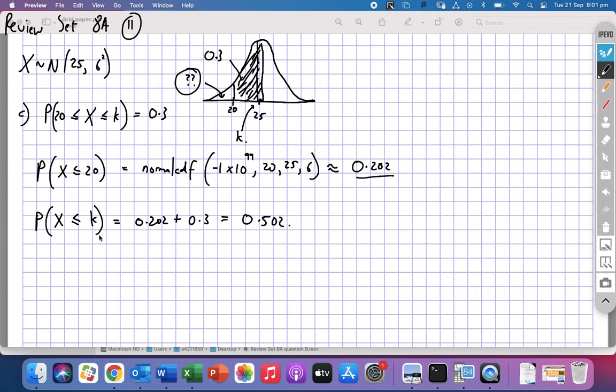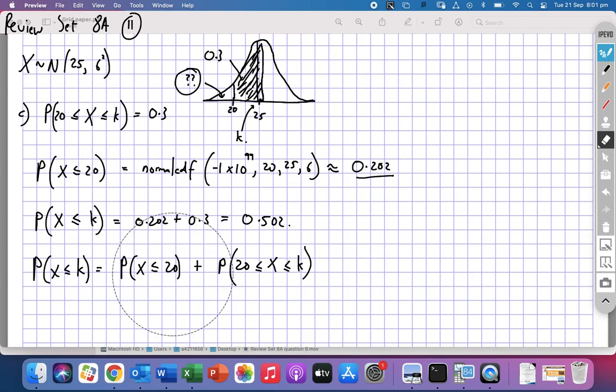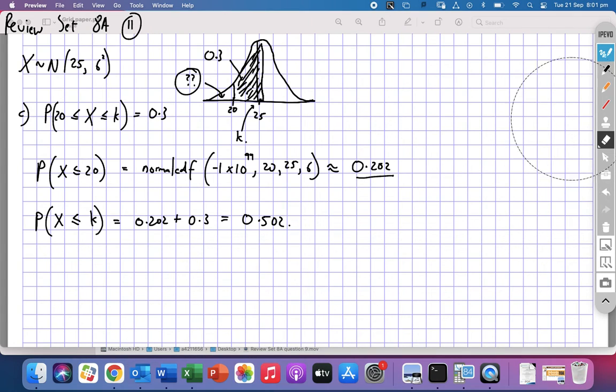Now, you could, if you like, have started the question this way with an equation. You could have said this statement. So some people like to jump to this right from the start, but I just do it in steps. From here, I don't think there's too much difference to that.